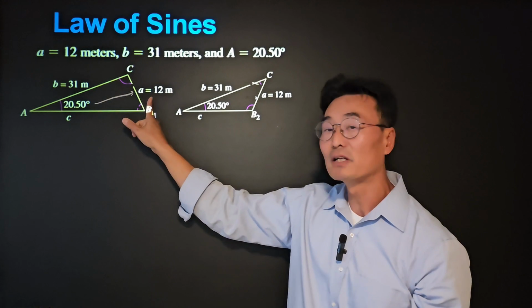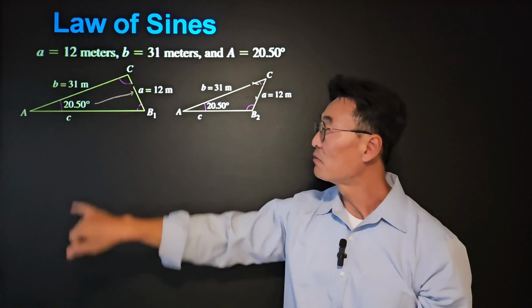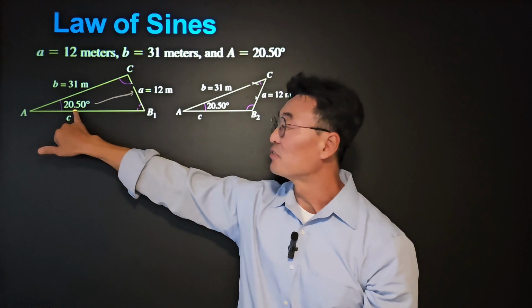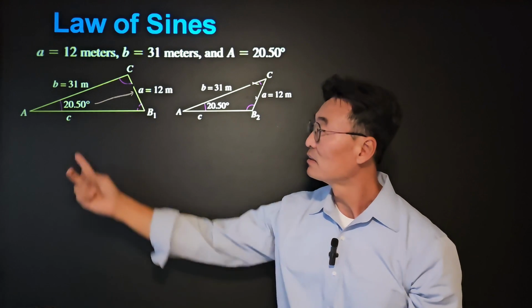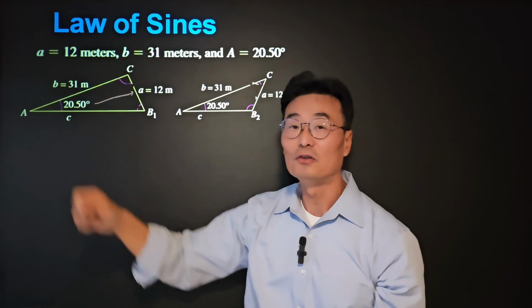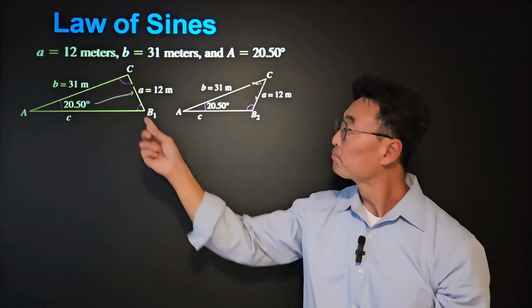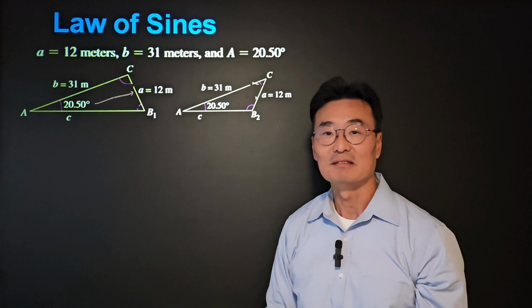Again, if the side is bigger, it's one triangle. However, if the side opposite of the angle that's given is less, just like here where 12 is less than 31, you get two triangles looking like this.